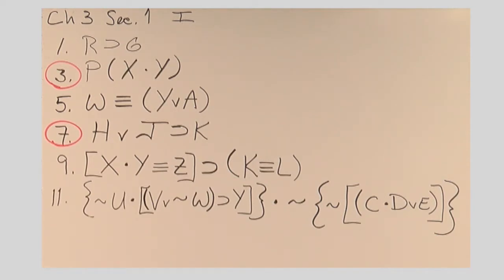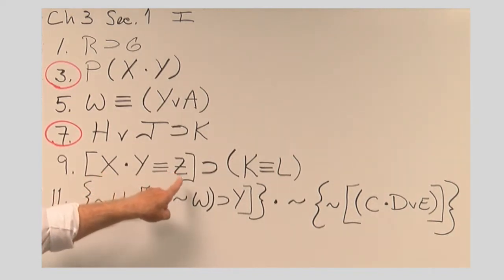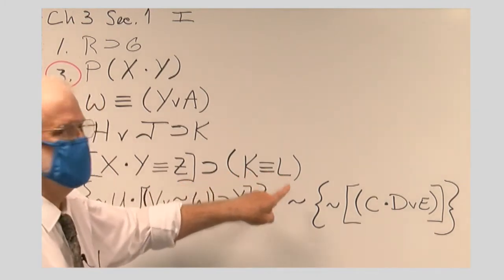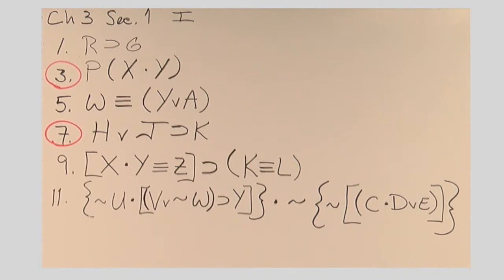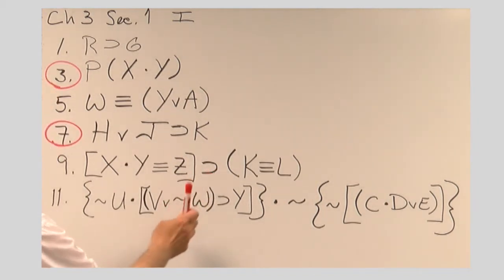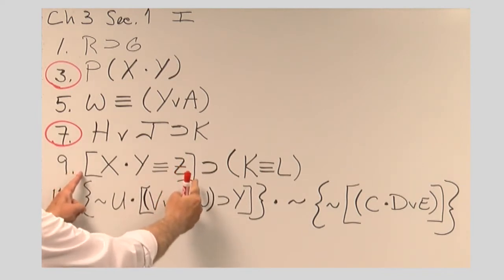Let's take a look at number 9. It's obviously a little more complicated. What we have here is x dot y if and only if z implies that k if and only if L. Is that a well-formed formula or not? No, it's not. It does have one main connective, the horseshoe. This is the antecedent.